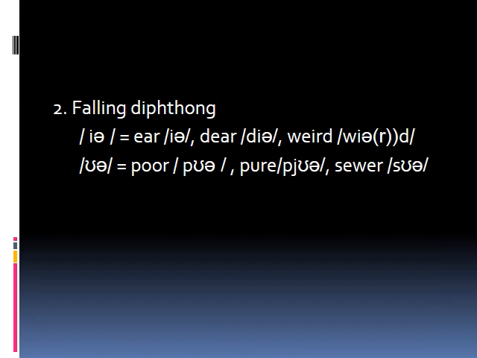Falling diphthong consists of two: ear, as in ear, deer, weird; and oo, as in pure, poor, sure.